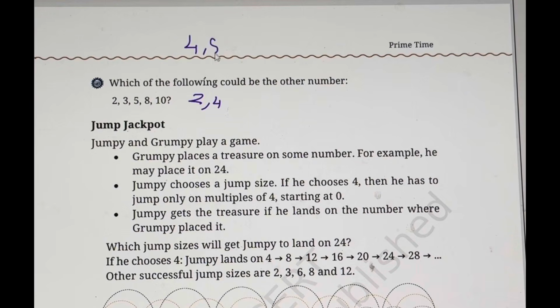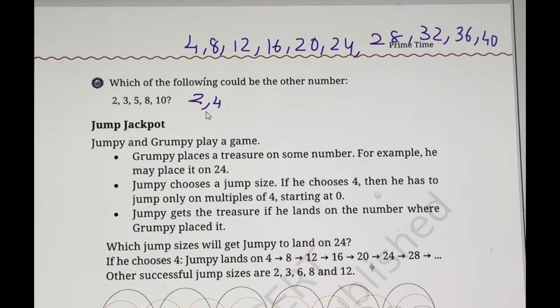So let us first write down the multiples of 4: 8, 12, 16, 20, 24, 28, 32, 36, 40. I have written till 40. So now if we say 2, number 2 is smaller. So we will say idli. 4 will be idli, vada. 6 will again be idli. 8 will be idli, vada.